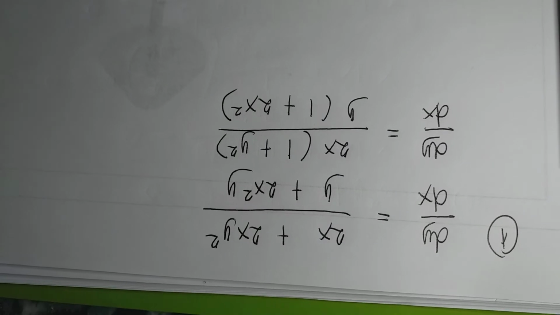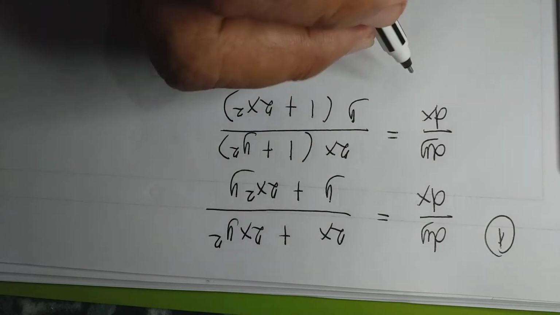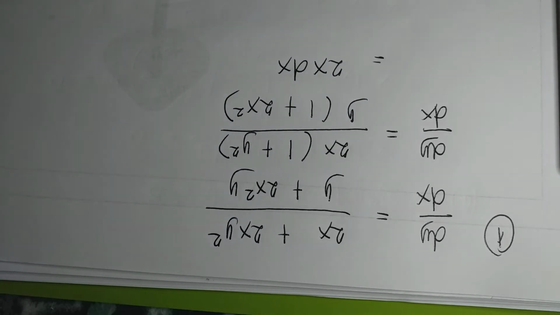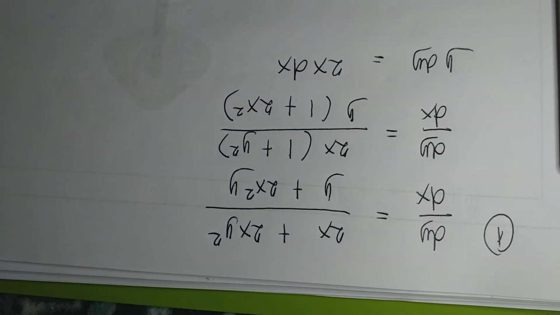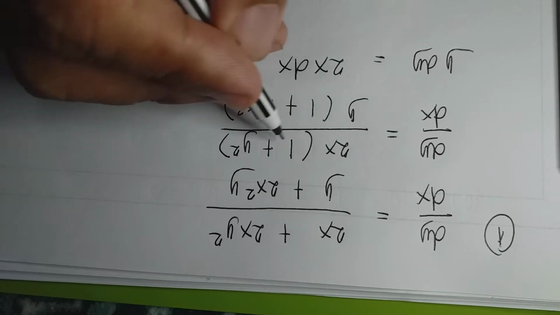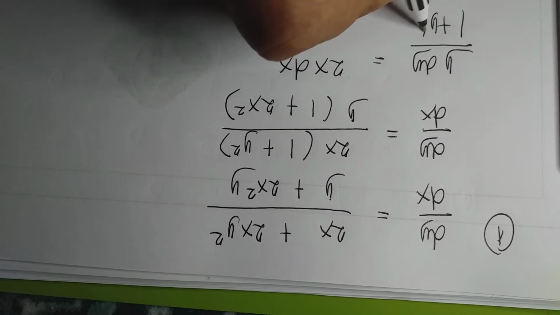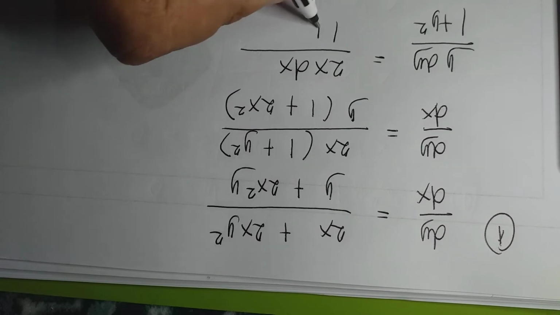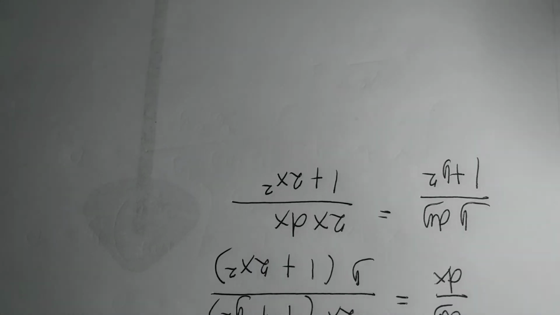Let us now separate the variables by cross multiplying. So if we cross multiply dx, 2x becomes 2x dx, and for dy, we have y dy. And then cross multiply 1 plus y squared to the denominator of y dy. We have 1 plus y squared, and retaining the denominator 1 plus 2x squared, we now have separated the variables.